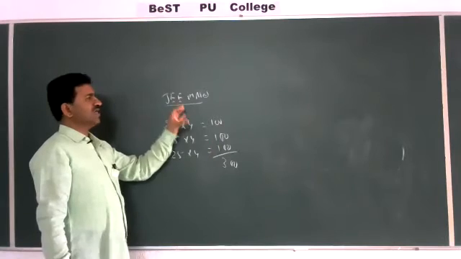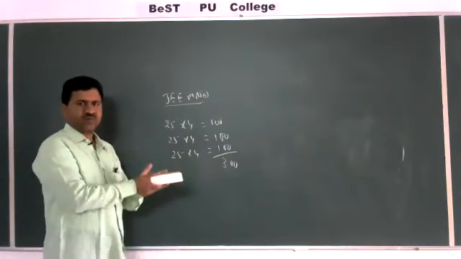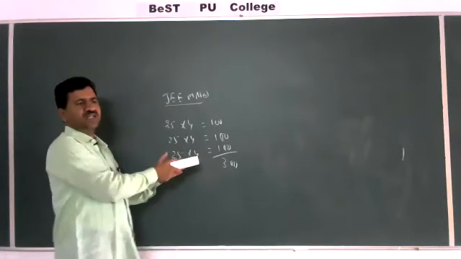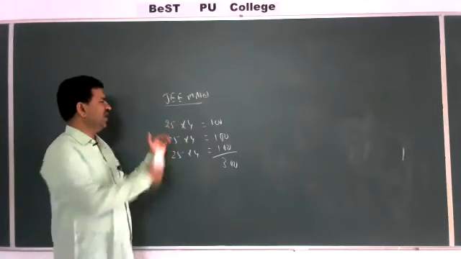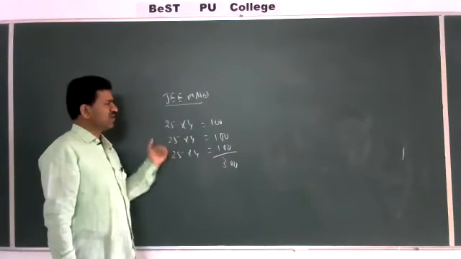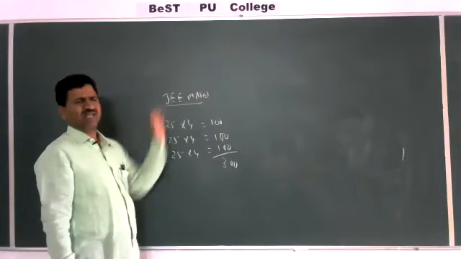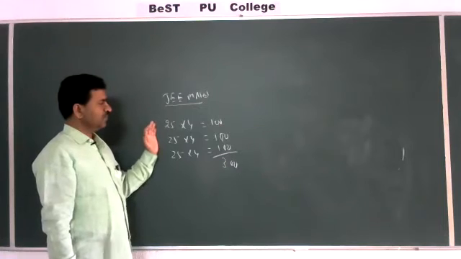Here there is equal weightage for first PUC syllabus and second PUC syllabus, 50% from first PUC and 50% from second PUC. Most of the questions will be linked concepts. They will link trigonometry and algebra, trigonometry and calculus like that. That is the pattern of JEE Mains.